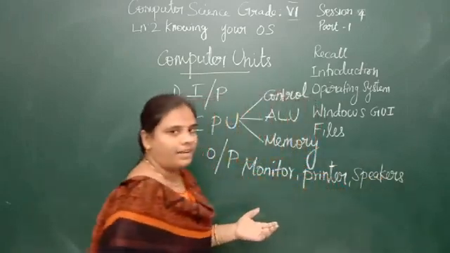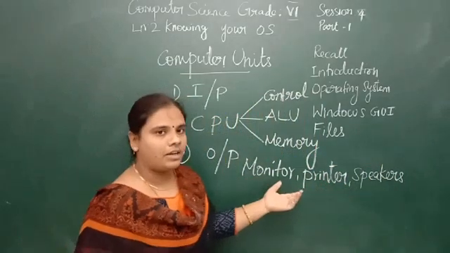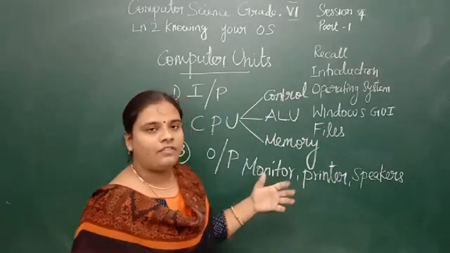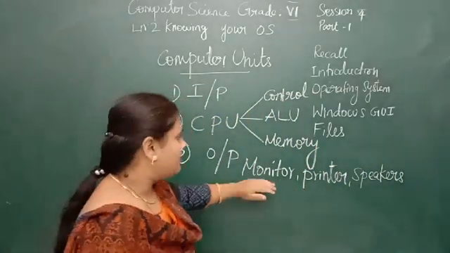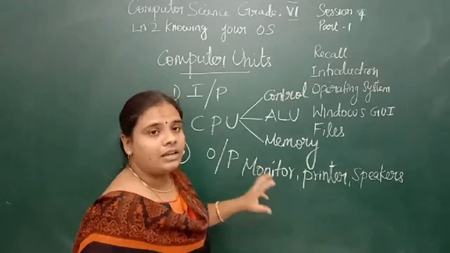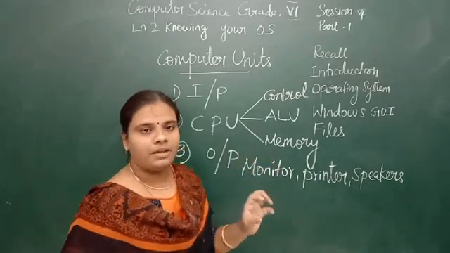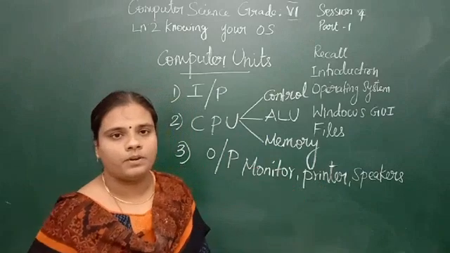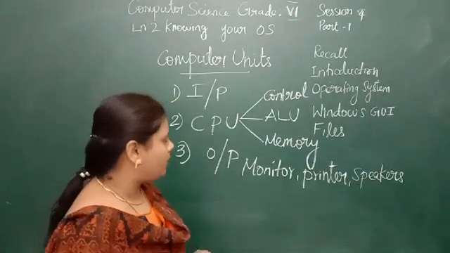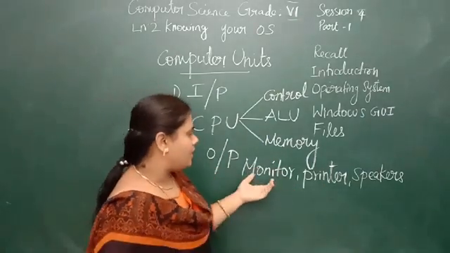So many output devices are there; these are three important output devices. After processing the data, the monitor gets that output from the memory and displays it. So that is the output unit. These are all the types of output.